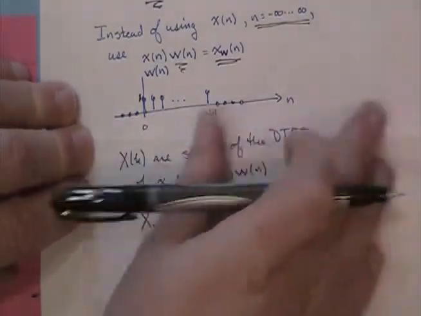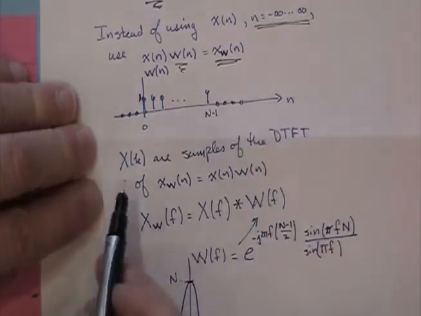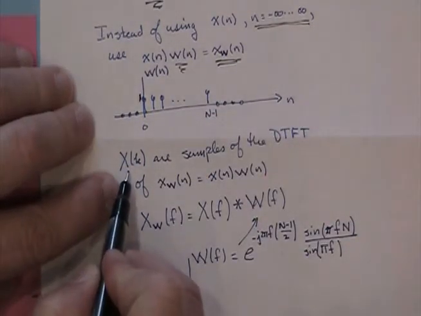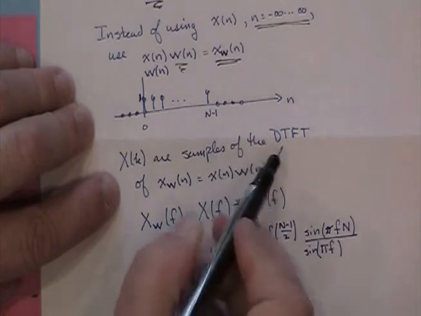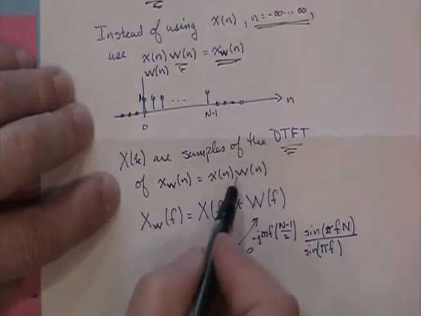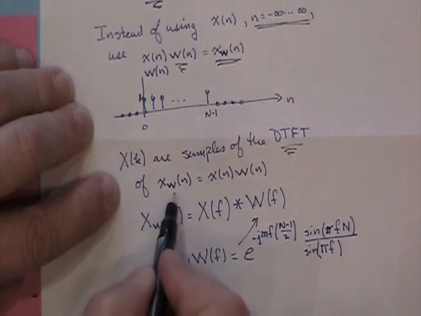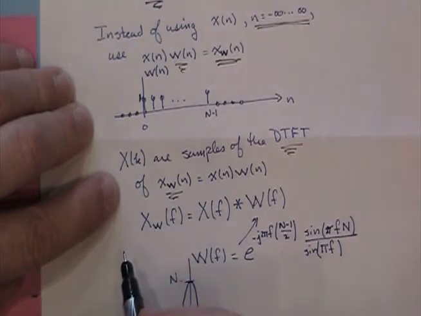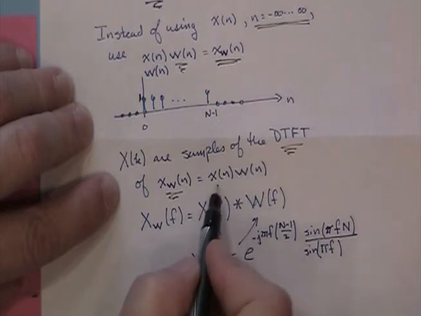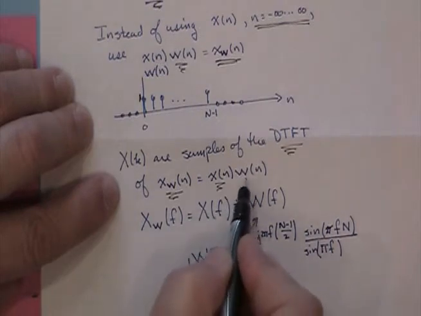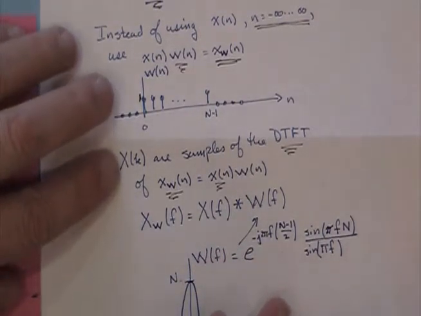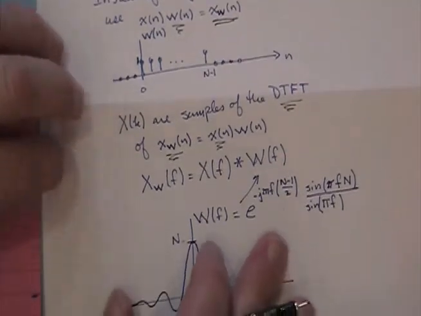So my whole concept here is that the samples that I collect in my DFT are actually sampling a DTFT not of this signal, but of this one, the windowed function, right? So here's the thing that I'm actually calculating the transform of. Here's the thing that usually I want to know about, and I'm stuck with this window function in the middle. And we can start to relate those.